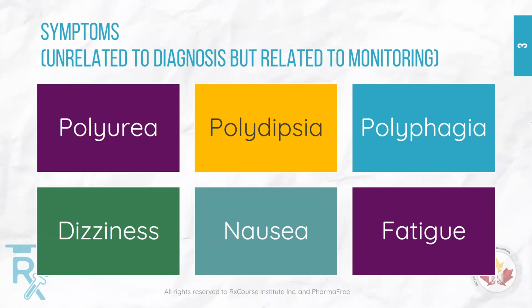The patient is lethargic, feeling fatigue. If we go down, you will find that the smell of the breath is like ketone. And also the patient might start to encounter some weight loss, some nausea and vomiting. And also the patient has polyuria, which is going to the washroom for urination more frequently.